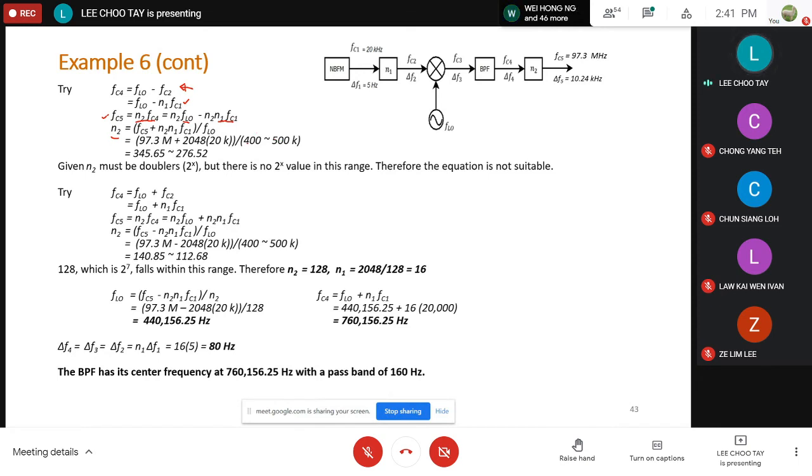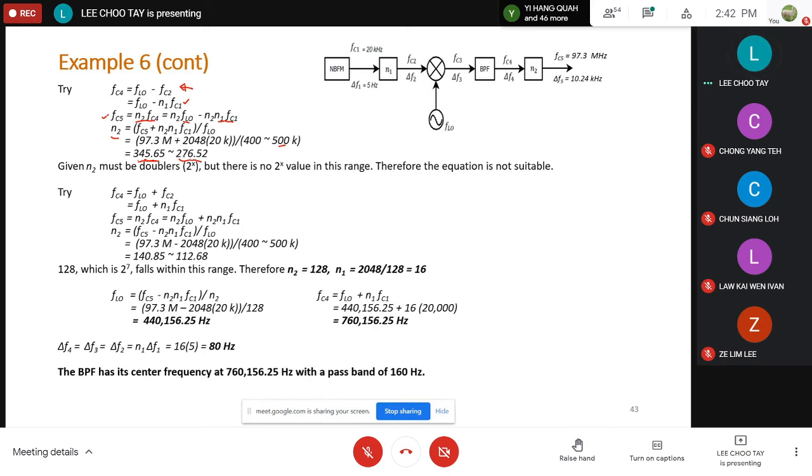If you divide by 400K, you will get 345.65, and if you divide by 500K, you will get 276.52.